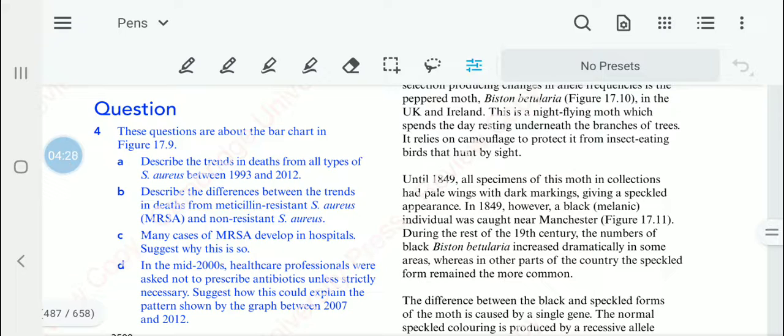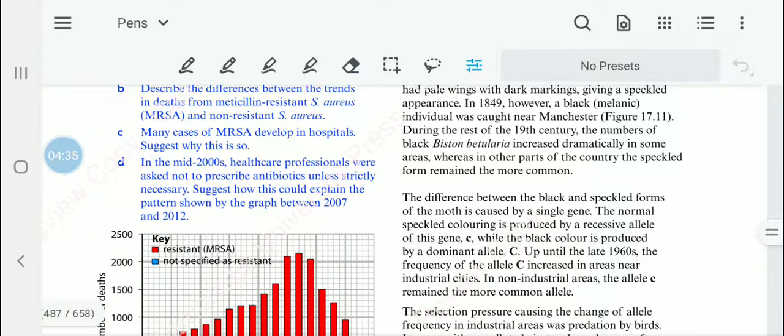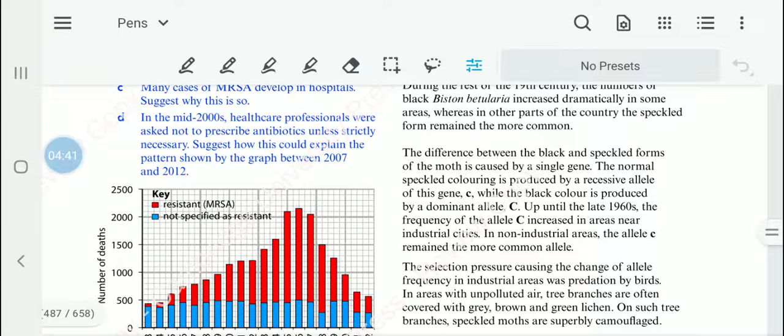That means their number increased. The black Biston betularia increased dramatically and became the most common type of moth. The difference was created by a single gene that produced the allele for the black color, making it a dominant allele.